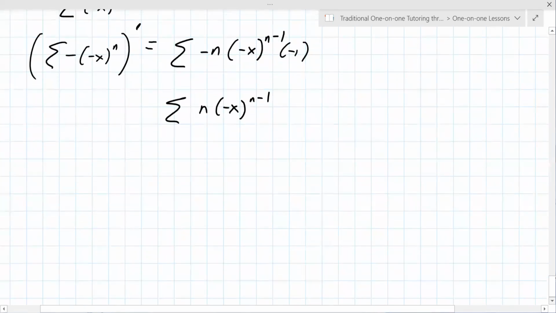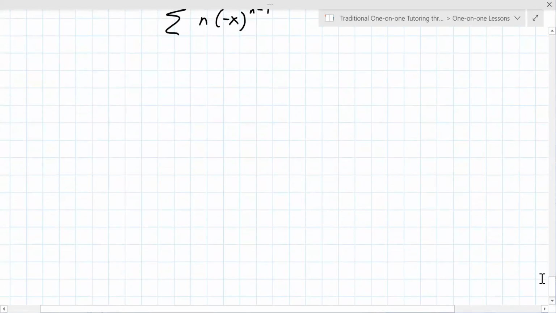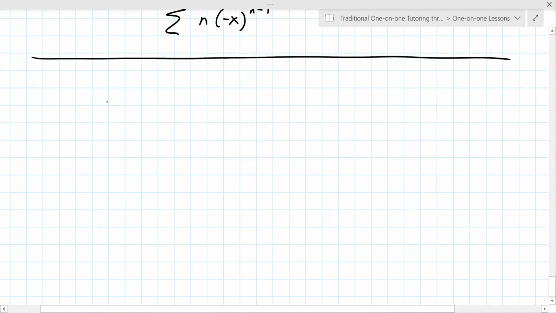Let's try. So how do we want to do this again? It's like I almost have to start again. I have to start kind of from sigma x to the n is 1 over 1 minus x. Okay. And then the derivative of this, we got to start there.